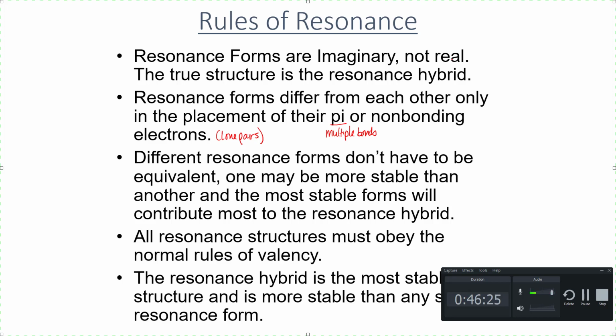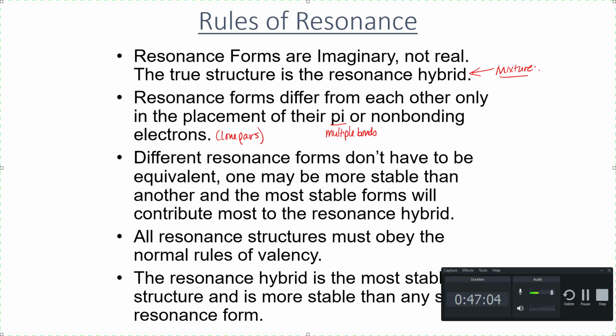The offspring of that would not constantly be flipping back and forth between a pit bull and a chihuahua. I mean, that'd be cool to see, but that's not what happens, right? It's some mixture of the two. And in chemistry, that's what hybrid means. Hybrid means that we have a mixture. And as in genetics, they don't necessarily mix 50-50. So the resonance hybrid is going to be some mixture of those resonance structures, those resonance forms.